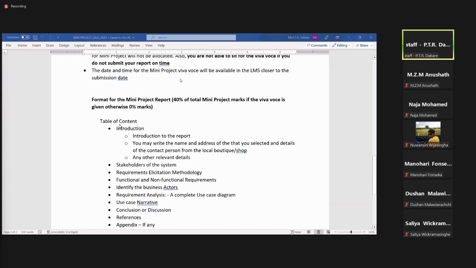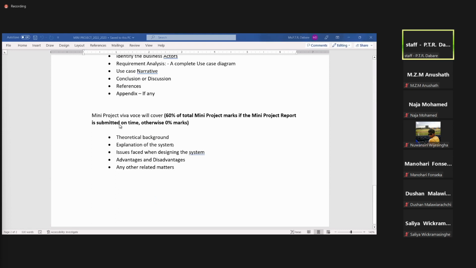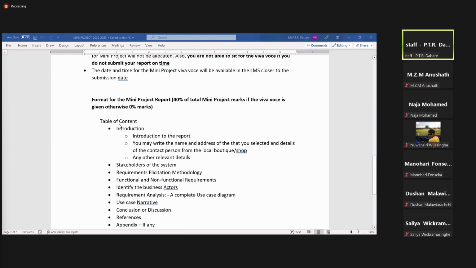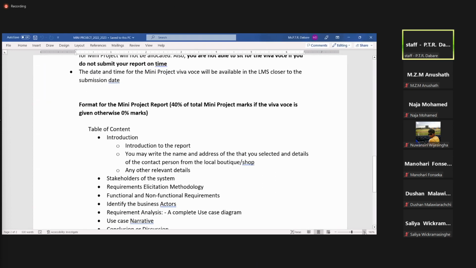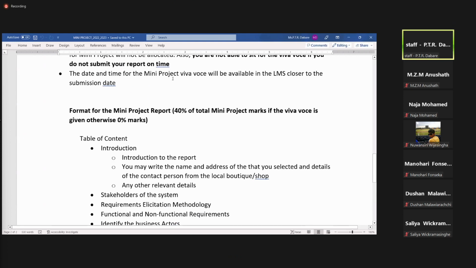Okay. So now what do you have to include in the project? Right? What do you have to put in the project report? So that's what I'm going to explain now. This is for the report. This is for the Viva work. Okay. First, let's have a look at the report format for the mini project report. 40% of the total mini project marks is given if the Viva work is done.